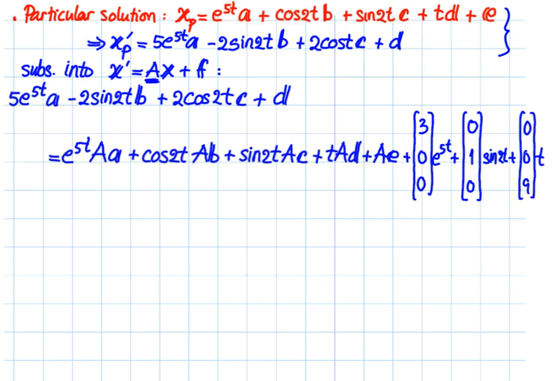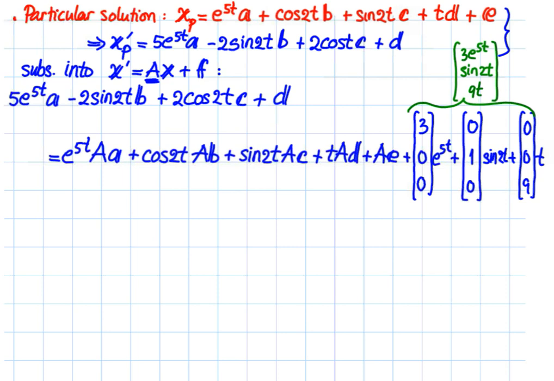Note that what we have here corresponds to the input function of 3e to the 5t, sine of 2t, and 9t. We just separate the terms like this. Right. Next is just the undetermined coefficients.